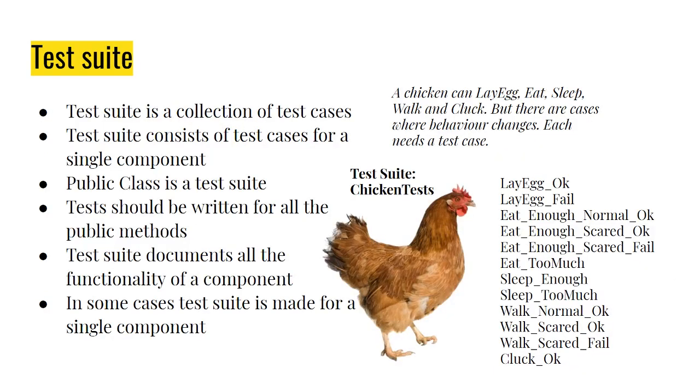A test suite is like a bunch of methods related to some object. And in this case, our object that has a relation to test cases is a chicken. So a chicken is like a test suite, not a hatchery, but a chicken. A chicken is a test suite which holds all the things, all the behavior that a chicken can do.